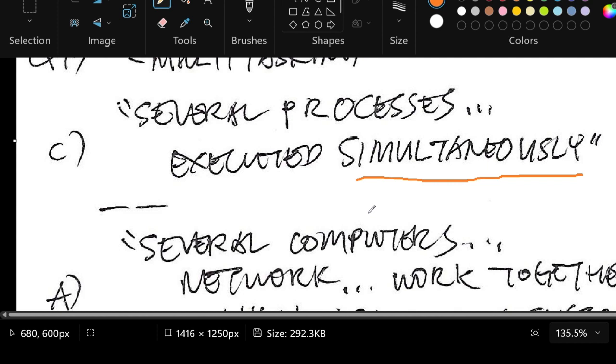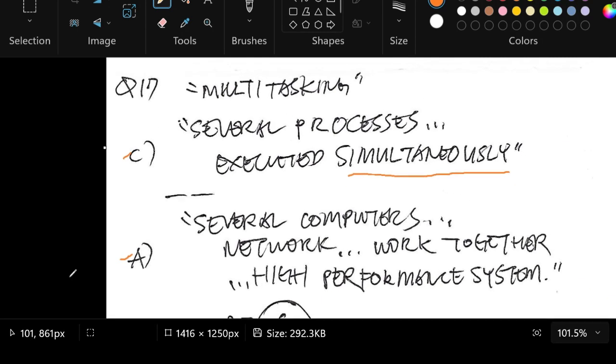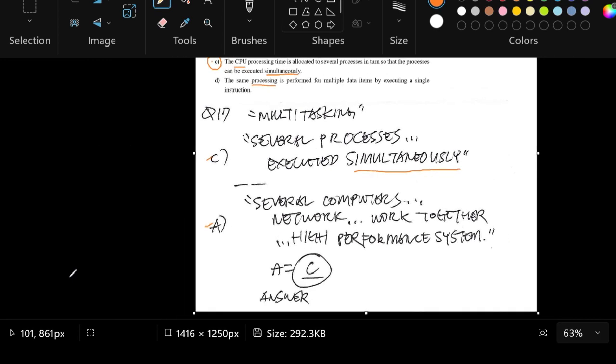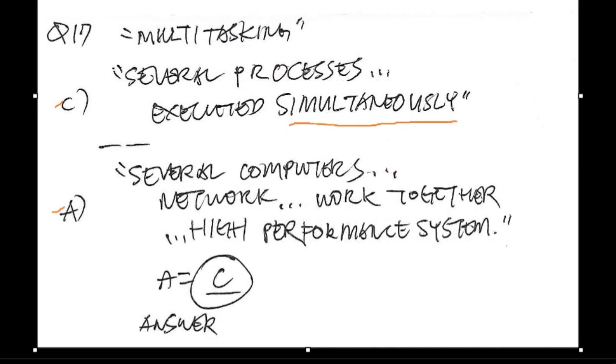I was choosing also between letter C or the other one, which is letter A. Sorry, it was either C or A, but at the end, the correct answer would be letter C.